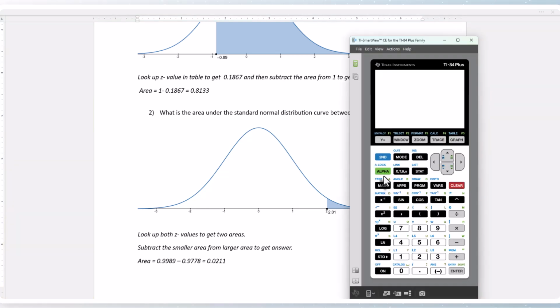Okay, so to use the graphing calculator, we press second vars, select option 2, type in the lower value 2.01, upper value 3.05, select paste, hit enter, and we get the same value, 0.0211.